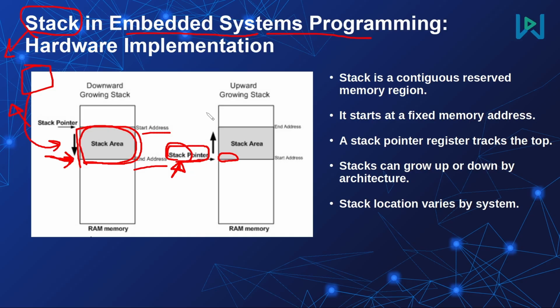Now, in terms of topologies and architectures, the stack in embedded system programming can be upward growing or downward growing. This means if it is upward growing, then the top of the stack, or the CPU stack pointer, will increment after each push of a new element.